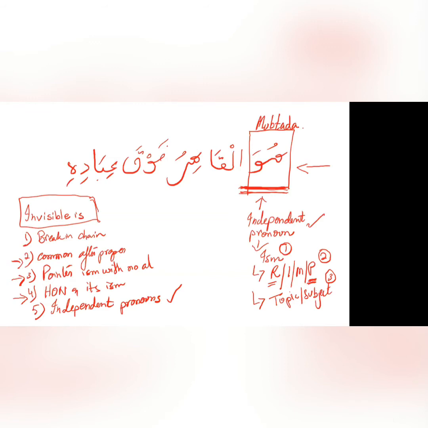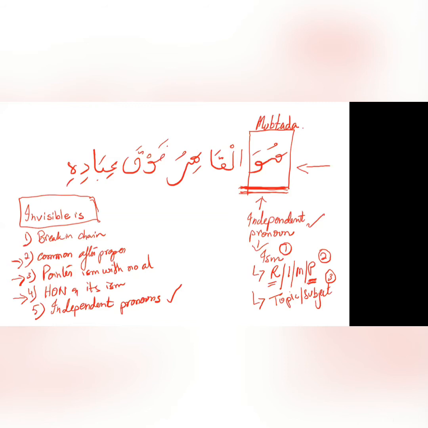Inna is just a harf, so inna cannot be mubtada by itself. It needs the ism. So if the ism is later on, then we'll say it is later on. Okay? Yeah, thank you. No problem at all.